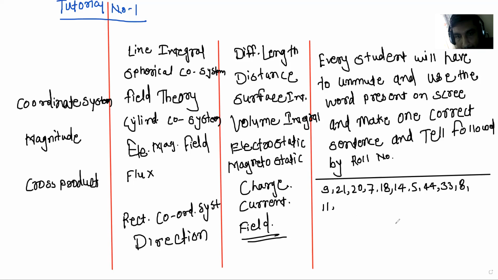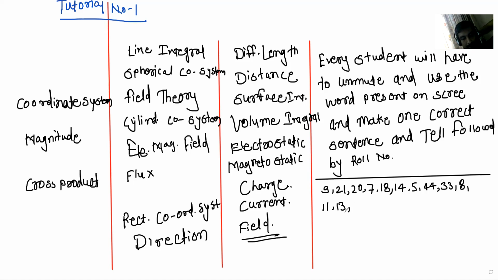Roll number 13. Surface and volume are line integral two types. See, now the difficulty is increasing. Difficult words are remaining on the screen, and those who are shy, those students are still remaining.